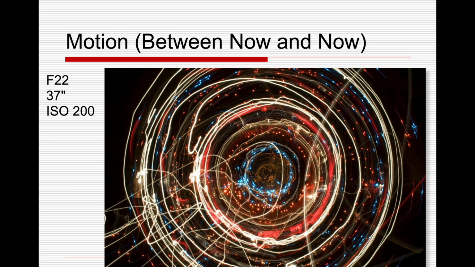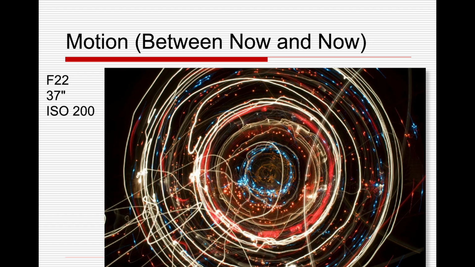Here's a shot of something that occurs every day. What I'm doing here is using my 70 to 200 millimeter lens, and with this lens you mount the lens on the tripod, so there's a little collar that you can tighten or loosen. I loosen the collar, which allows me to spin my camera body around and around.